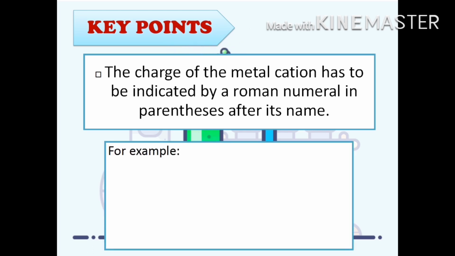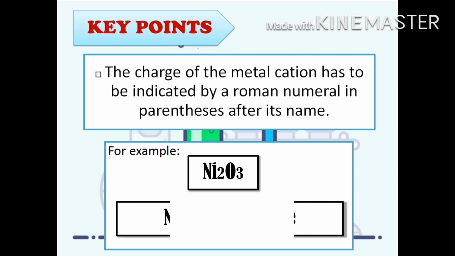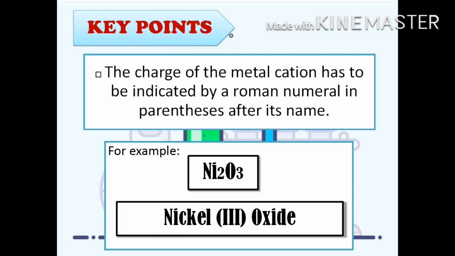Let's say for example Ni2O3, or this is nickel 3 oxide. The Roman numeral 3 indicates that nickel is an ion with a 3 plus charge. Again, in naming ionic compounds involving transition metals, we have to indicate the charge of the metal cation using a Roman numeral.